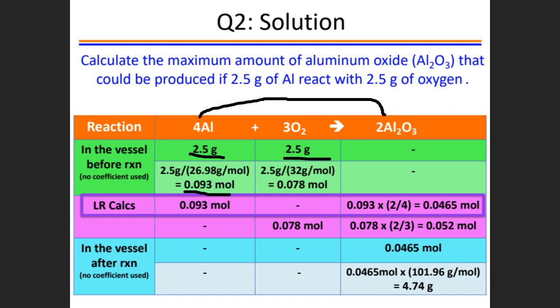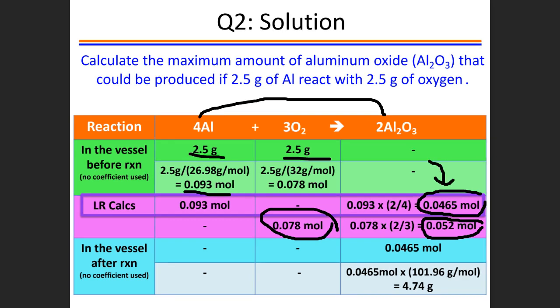So whatever amount of aluminum we have, we can produce this mole of aluminum oxide. And whatever mole of oxygen we have, we can produce 0.052 mole. So it seems the aluminum is the lesser amount, so aluminum here is the limiting reagent.